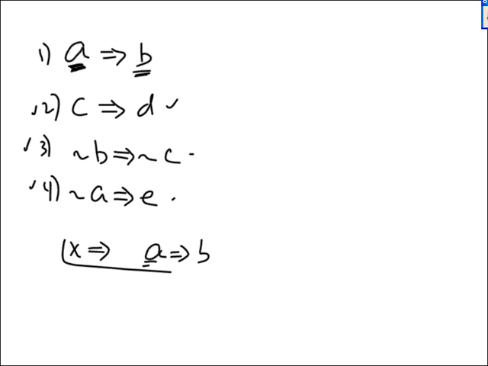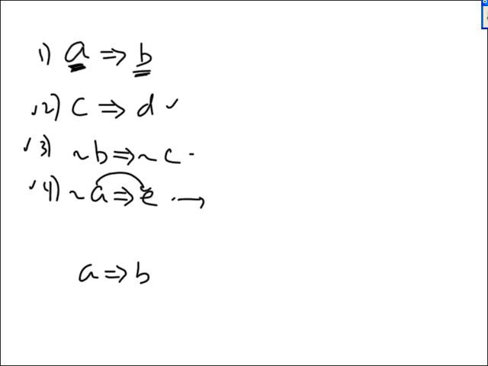You remember you wanted it to end with an A? Well, if you look at number 4, I can get it to end in an A. I can switch these two. So let me write down A implies B. If I switch these two and negate them, E becomes not E, and not A becomes A. So not E implies A. So I used 4 and I used 1.